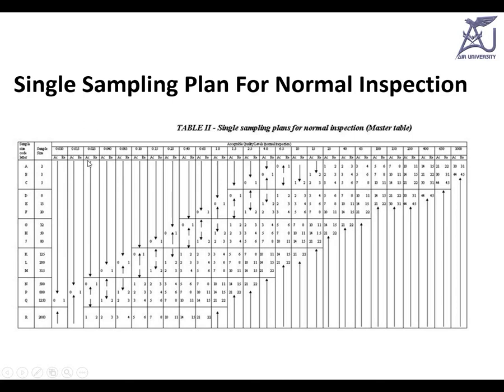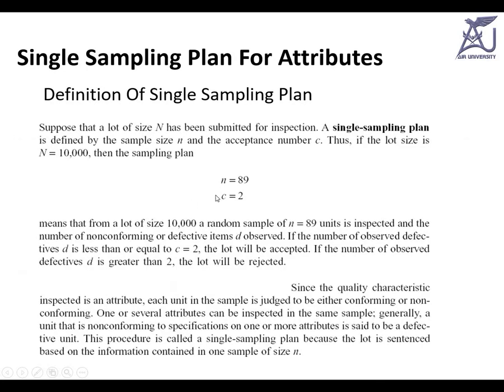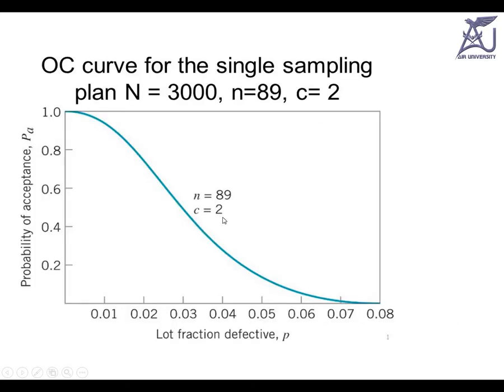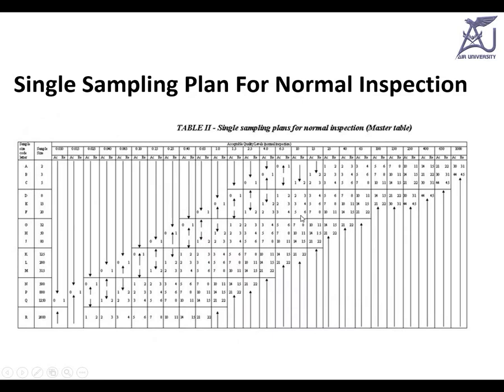Acceptance number you can say is equal to C. As we discussed, this C is equal to acceptance AC, and in the MIL-STD it is written as AC, but this C is basically the cutoff point, meaning that if it is 2 or less, then that is an acceptable number now, against any percentage.